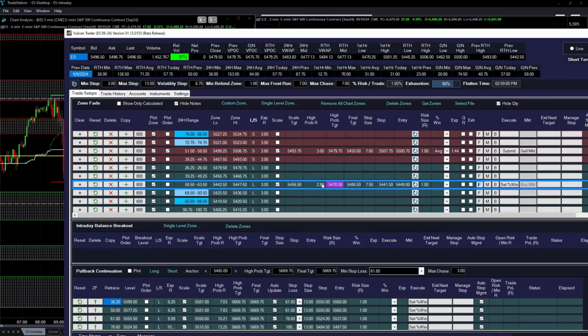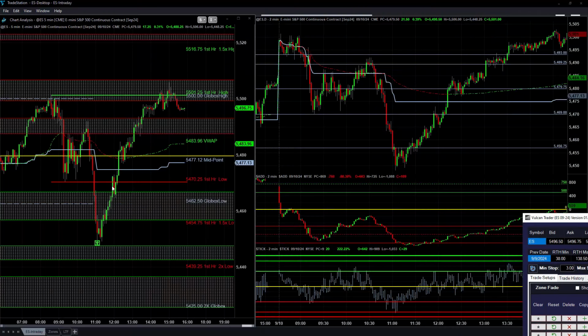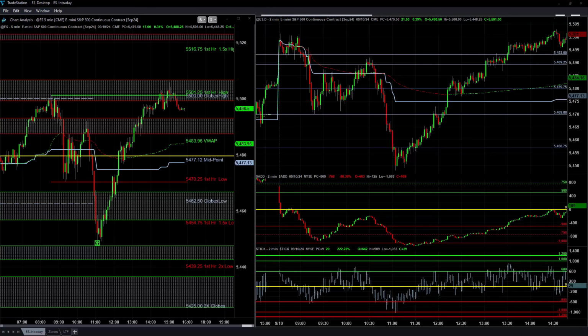We can simply look for a move back up into the first hour range. That's our first target right over here. And then our final target could be somewhere around the VWAP, or if you're really optimistic, could even be the pre-market resistance zone. But something like the VWAP, the 80 area, that would be perfectly fine as our final target.